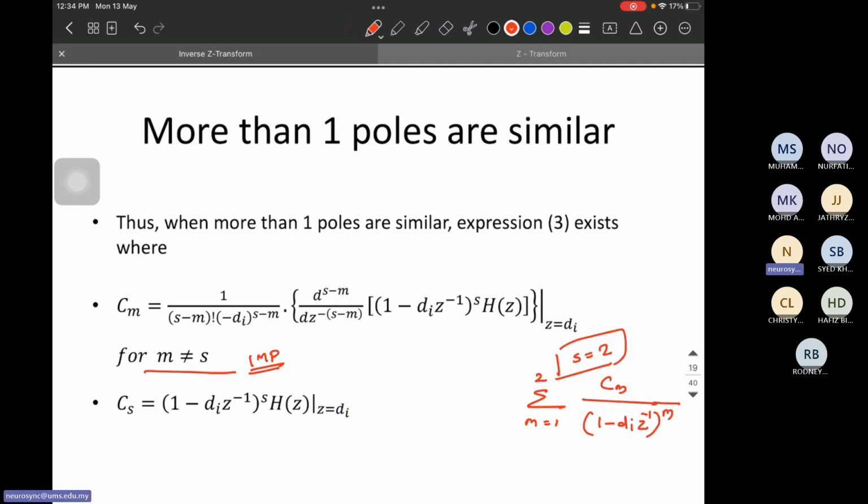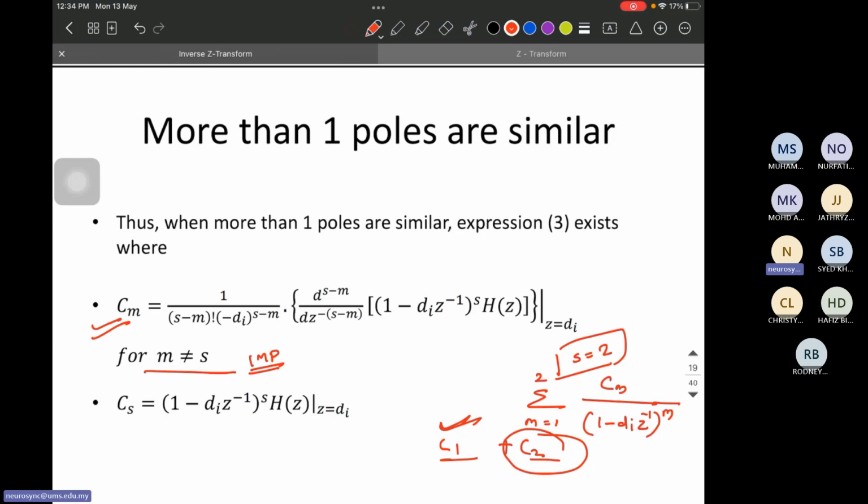So C1 plus C2 will exist, correct? This formula is only applicable for C1, not for C2.